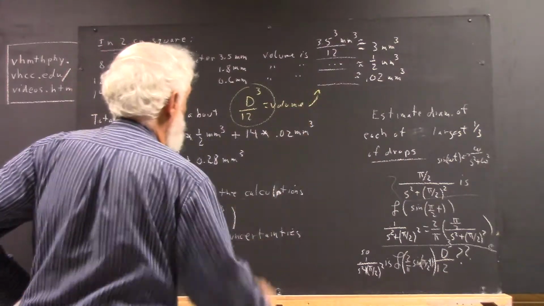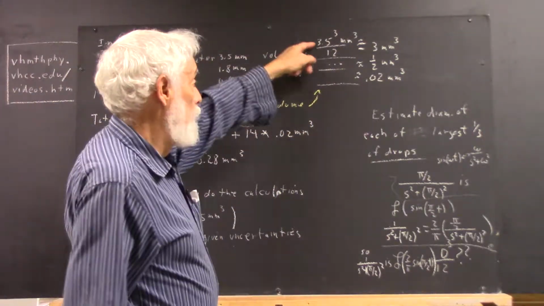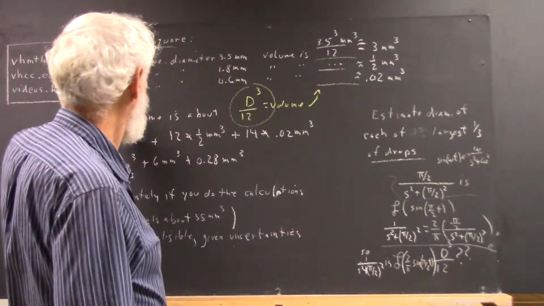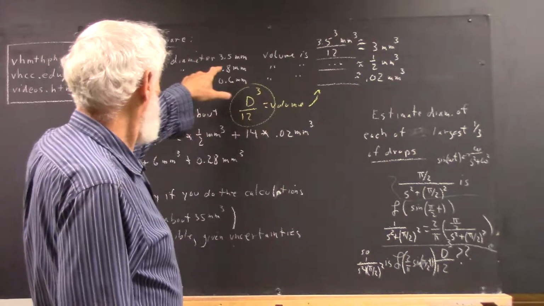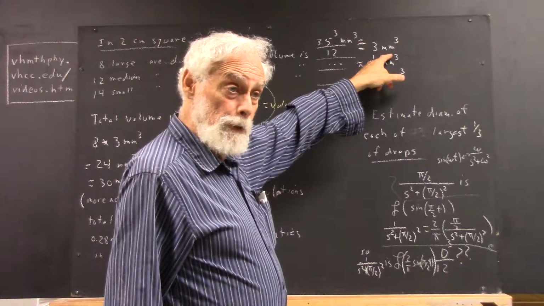So here we evaluated d cubed over 12 for each drop size. So we find that 3.5 millimeter drops have a volume of about 3 cubic millimeters.